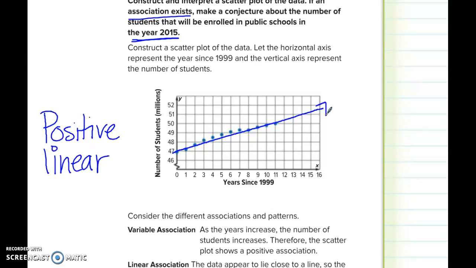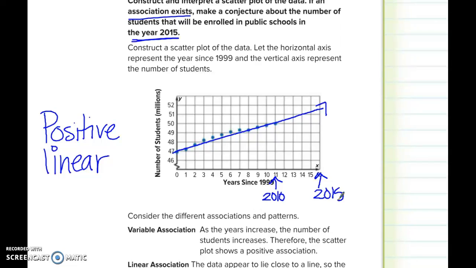Then I need to go to year 2015. Remember, this 11 right here was 2010. So this would be 2011, 2012, 2013, 2014. So this 16 right here is actually 2015.